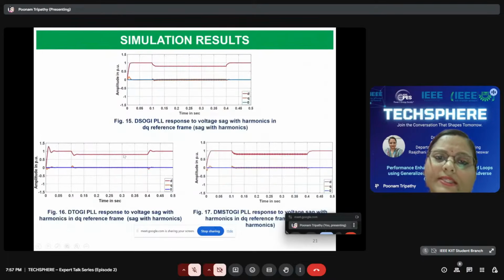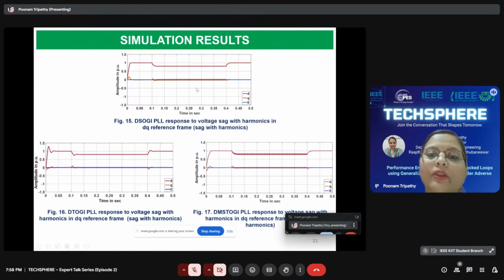Now, these simulation responses showcase the PLL responses in the DQ reference frame. As I previously said, VD represents the magnitude of the voltage, which must be equal to 1 per unit, and the quadrature phase voltage component VQ, which represents the phase angle, must be equal to 0 per unit in order to determine the accurate operation of any PLL.